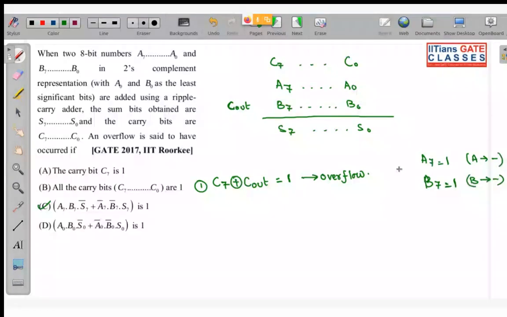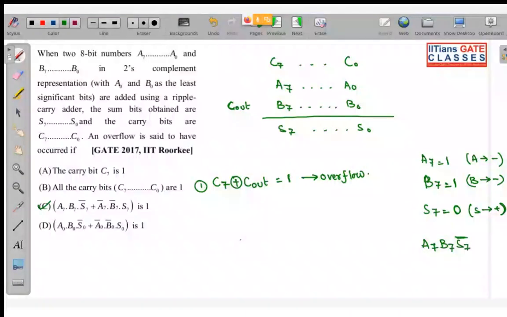If we get S7 as positive, means 0, means S is positive, then we will be saying that your overflow has happened. So if I want to write this in a Boolean expression, this will be A7, B7, S7 complement.